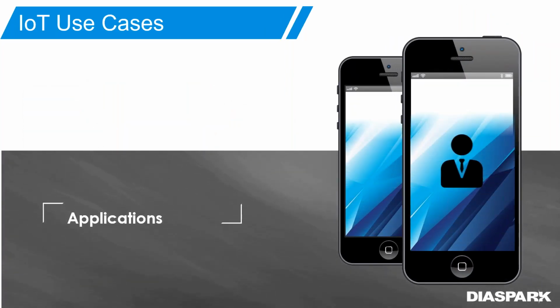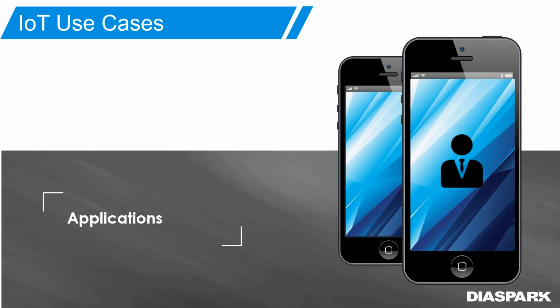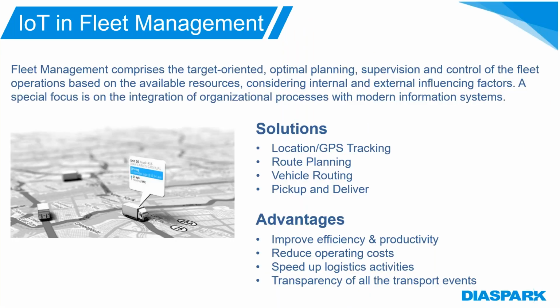So there are some use cases we have implemented. This is one of our accelerators. Fleet management is something you need whenever you require location services and location assets, you need a tracking app or something.